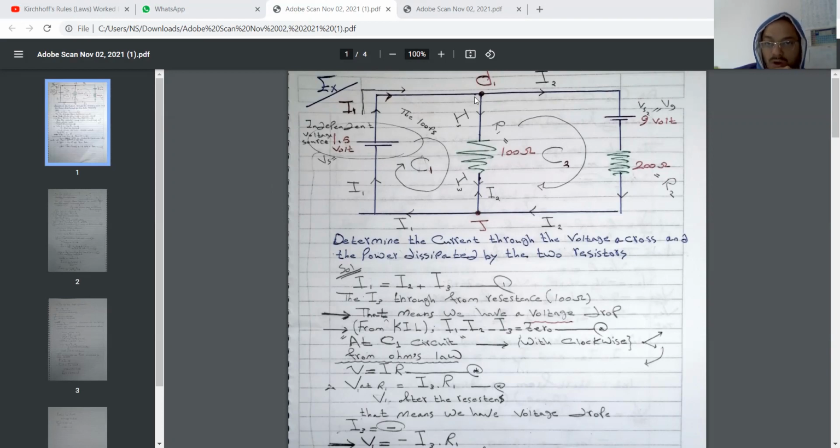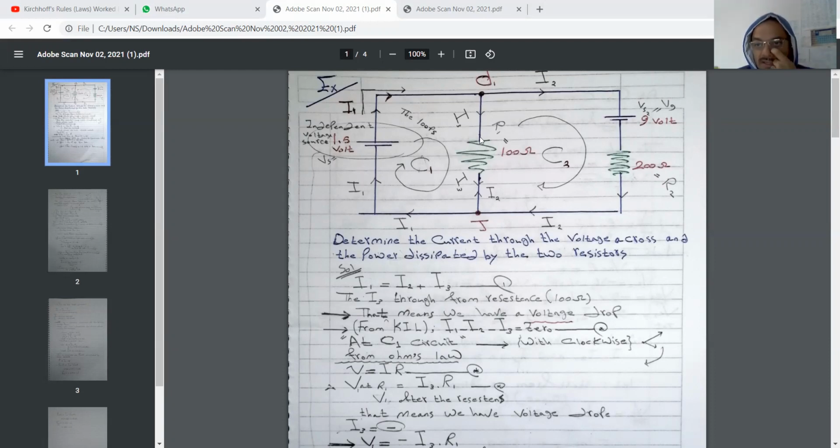At first, like the pipe of water, I1 equals I2 plus I3. I write it here. I3 goes through the resistance here, which means we will see a voltage drop because the current goes through the resistance.